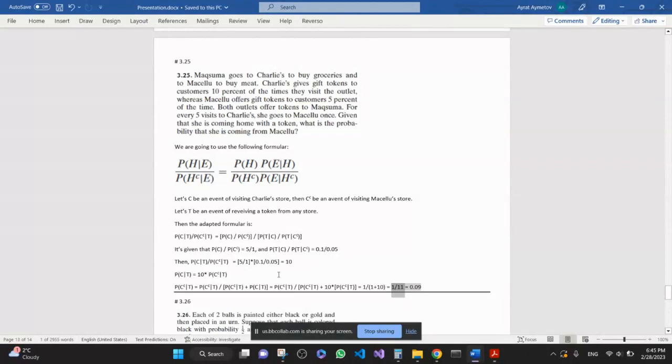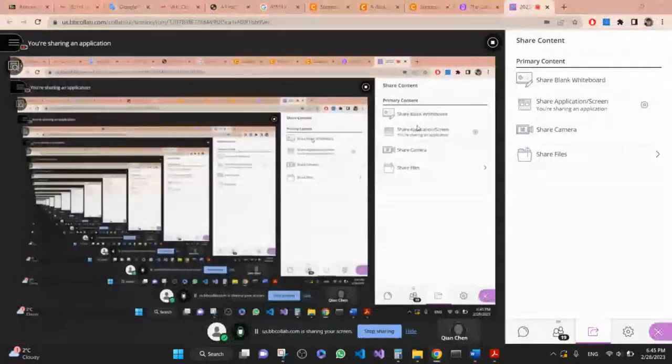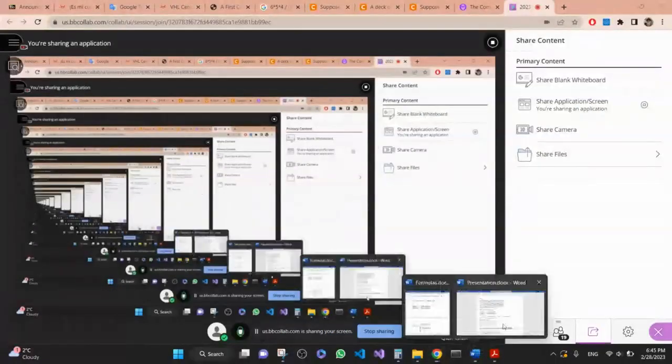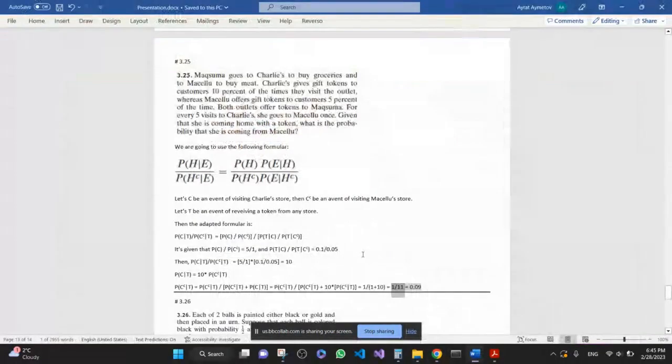You see this equation, can you see my cursor? No, you don't see my cursor, right? Right behind, not 1/11, at the beginning: probability of token from Marcelo's store equals probability of token from Marcelo's store over the token.